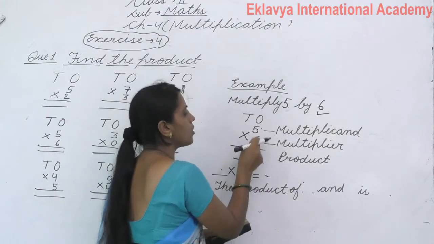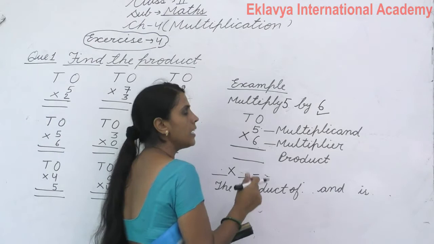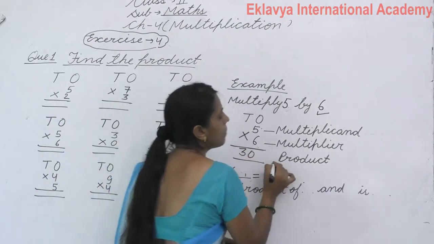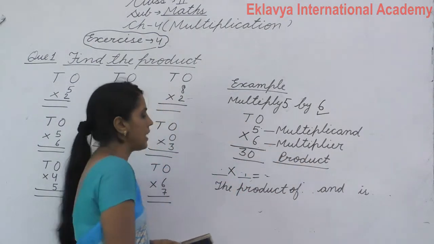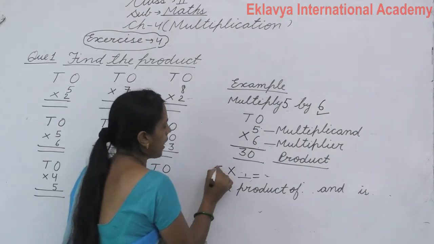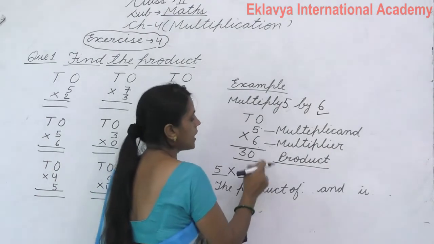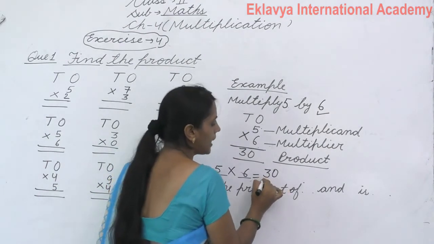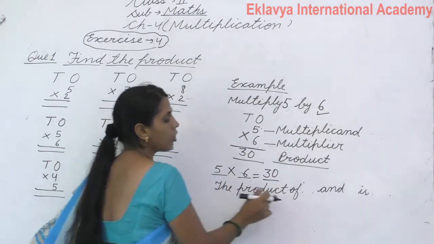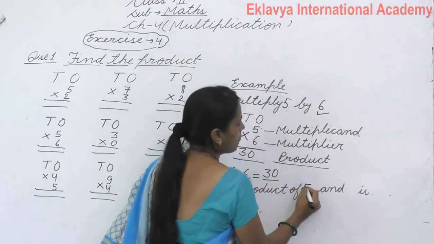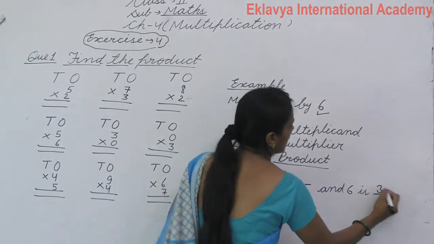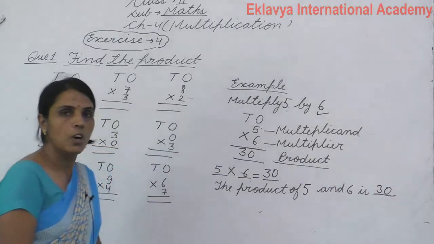So we will speak table of 6 till 5. Yes, 6 5s are 30. Yes, 30 is your product. Like this, 30 is your answer. Now we will put here 5 and we will put here 6. Got it? And next, your answer is 30. Your product is 30. The product of 5 and 6 is 30. Got it? Okay.